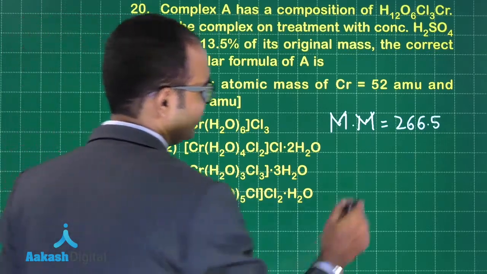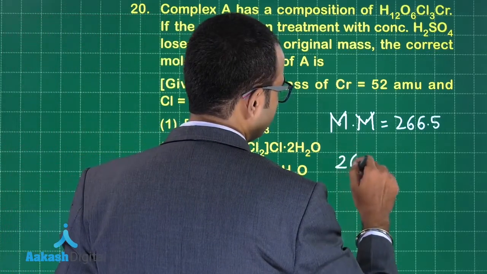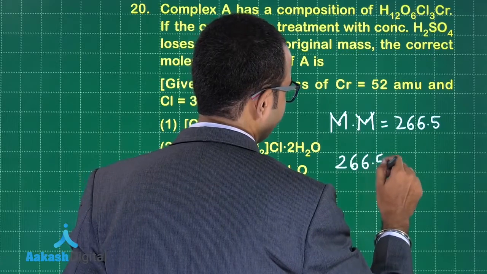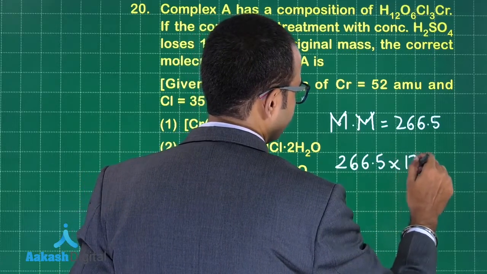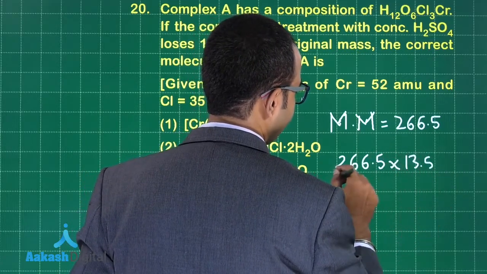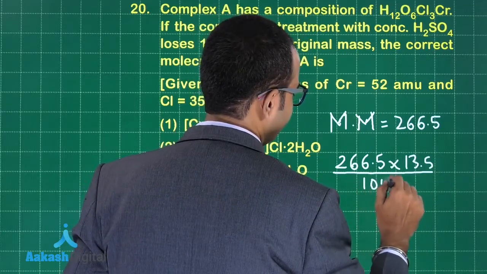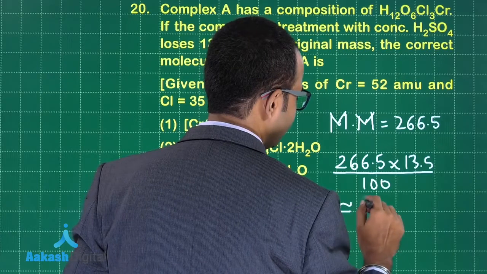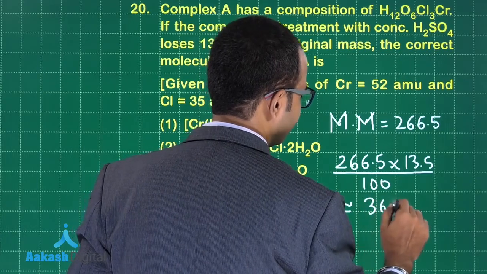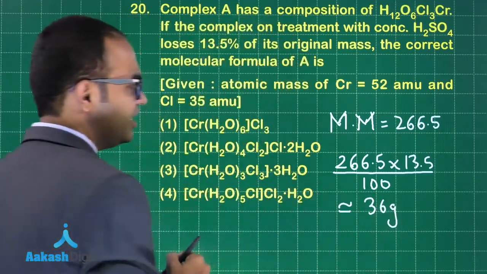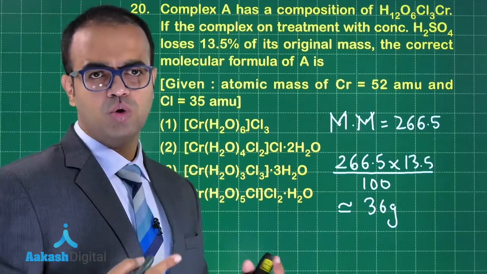Let us calculate that. So 266.5 multiplied by 13.5 divided by 100. That will be approximately how much? That will be approximately 36 grams. So basically you are losing how many moles of water?